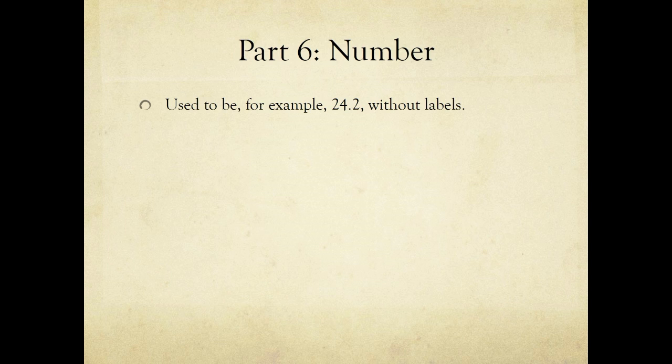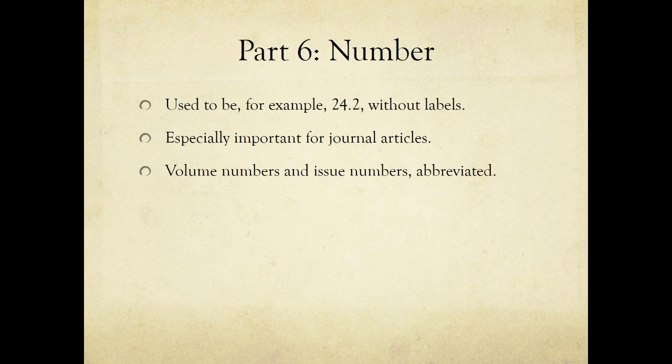So for journal articles in particular, they're going to have volume numbers and issue numbers, and both are included in this section and abbreviated appropriately. So, for example, if you have the second issue of the 24th volume of a journal, you're going to abbreviate it as VOL period space 24 comma space NO period space 2.